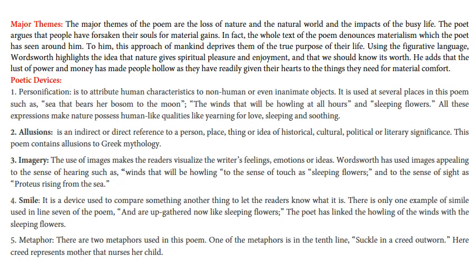Now, concerning the poetic devices, there are so many devices used here. We have five, in fact, not four, five devices. One is personification, as we have already discussed. Number two, allusion. The Greek mythology is alluded to by the poet for two reasons.